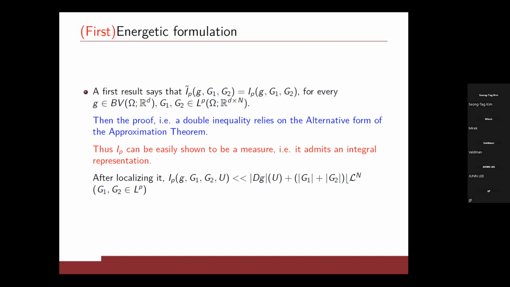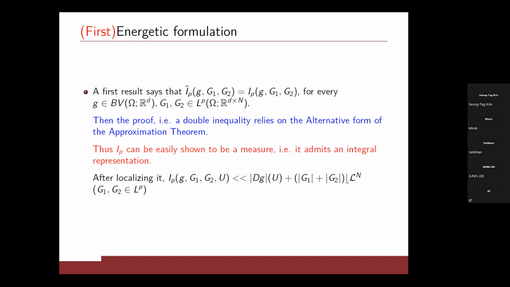And this is a very useful consideration, at least from our point of view, in the sense that I_p tilde is achieved really as a repeated variational limit. So it has all the nice properties, like being a measure.